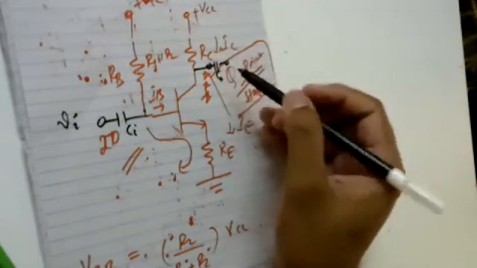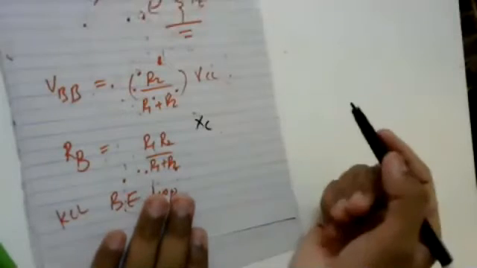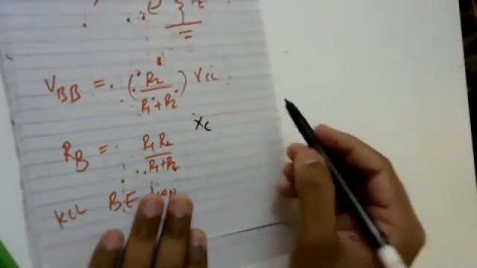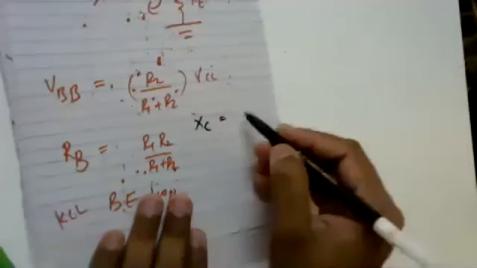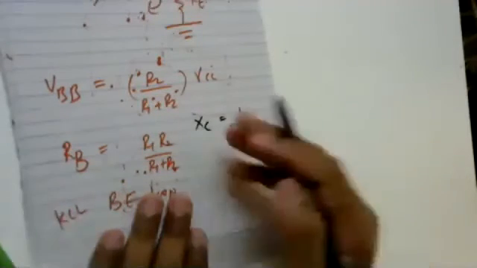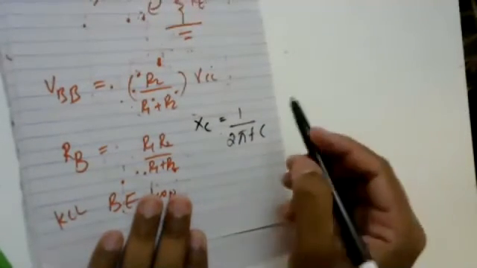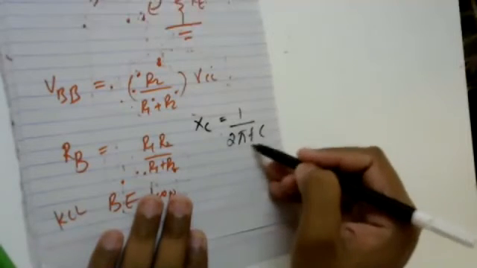Whenever I'm going to perform any DC analysis, whatever we have performed over here, we never include this CI and C0, for a simple reason. We know that XC, the reactance offered by the capacitance, is given by XC equals 1 over 2 pi f C. For DC analysis, the frequency of my DC signal is 0.